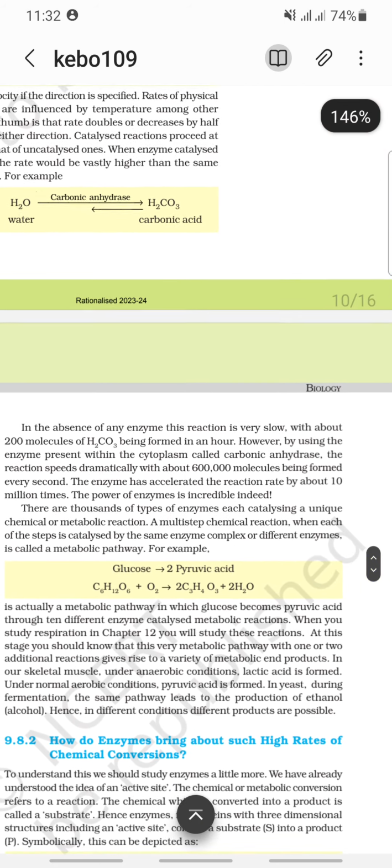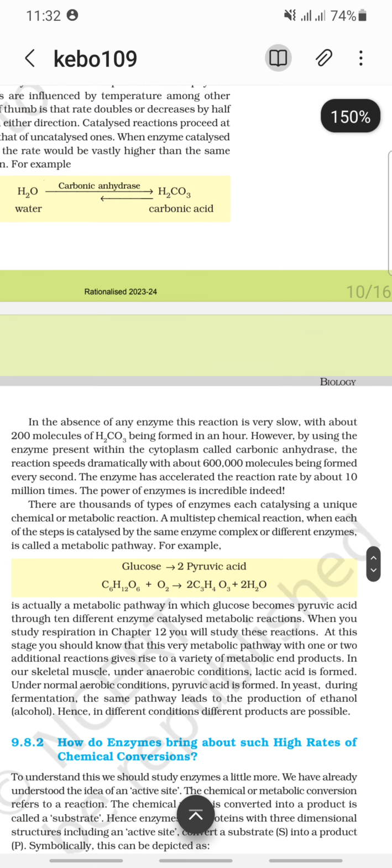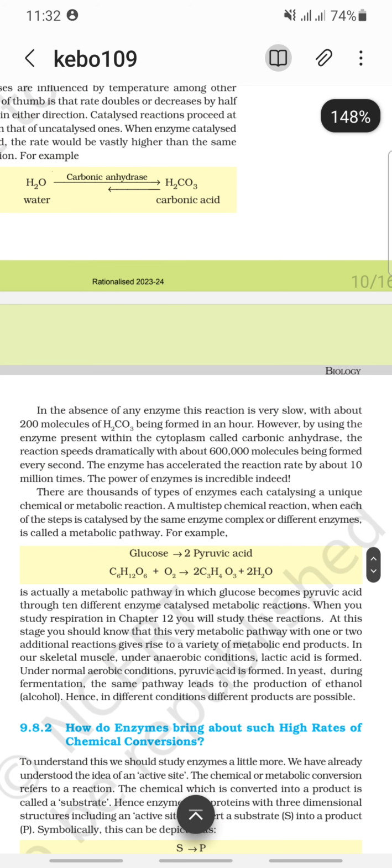In the absence of any enzyme, this reaction is very slow, with about 200 molecules of H2CO3 being formed in an hour. However, by using the enzyme present within the cytoplasm called carbonic anhydrase, the reaction speeds up dramatically, with about 6 lakh molecules being formed every second. The enzyme has accelerated the reaction rate by about 10 million times. The power of enzymes is incredible.